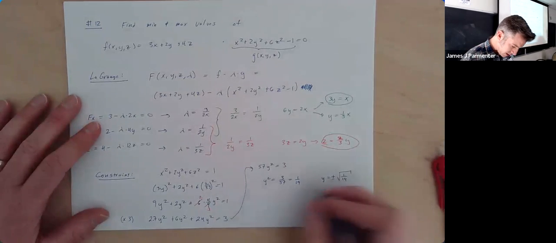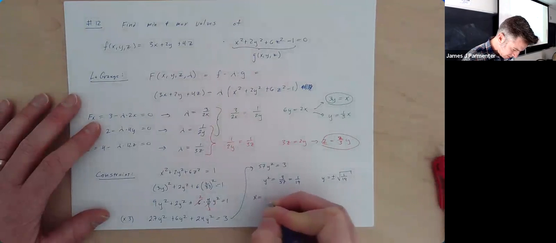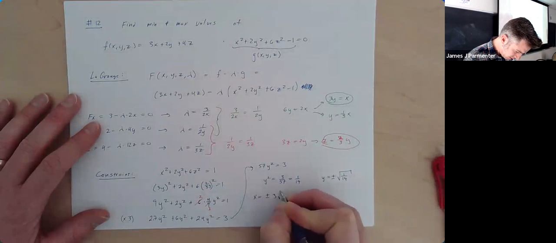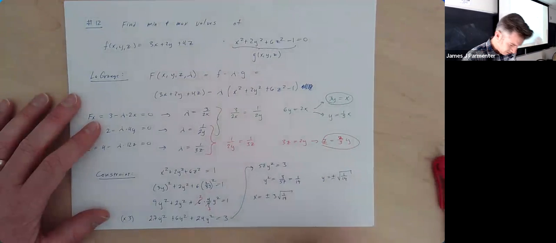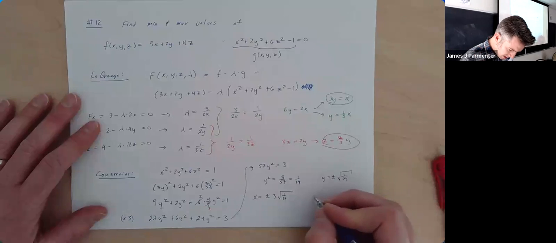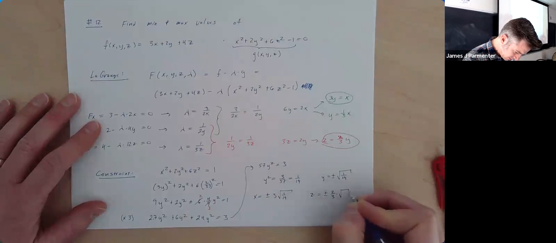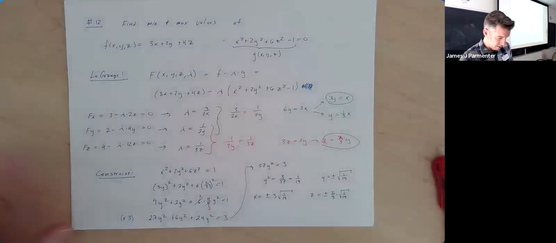X is going to be 3 times y, so x is plus or minus 3 square root of 1 over 19. I could write that as 3 over the square root of 19. And z is going to be plus or minus 2/3 times the square root of 1 over 19. And here's what I should point out.